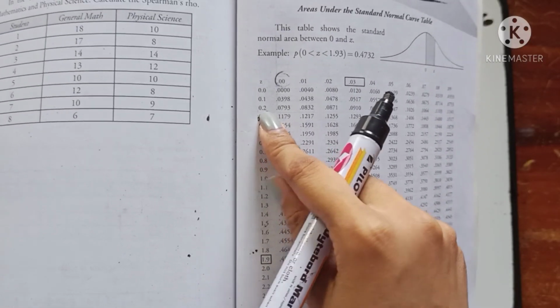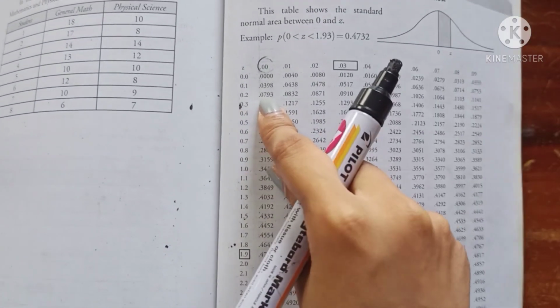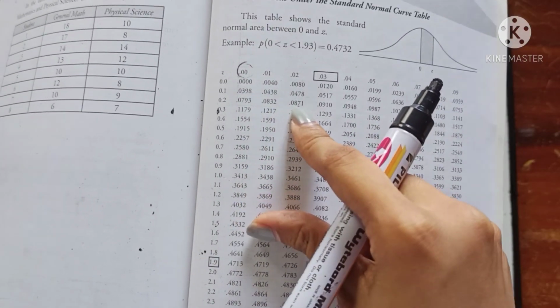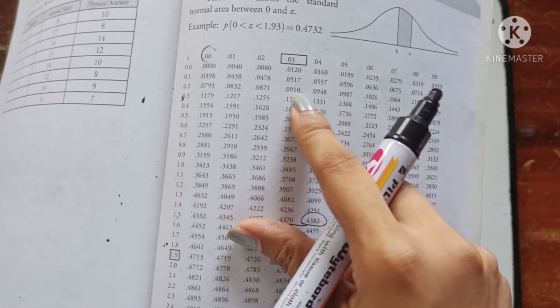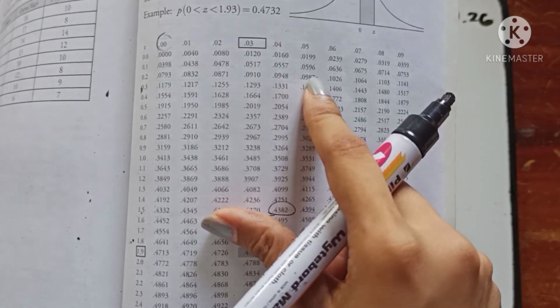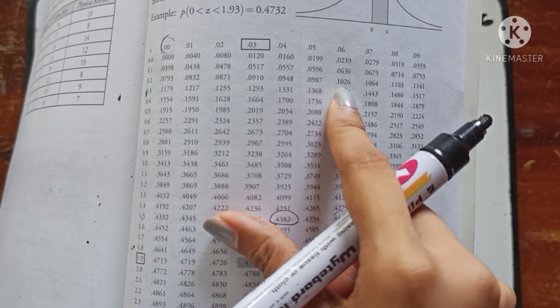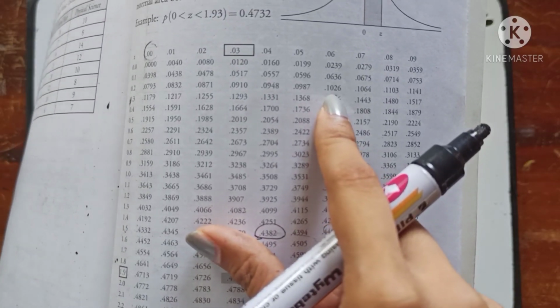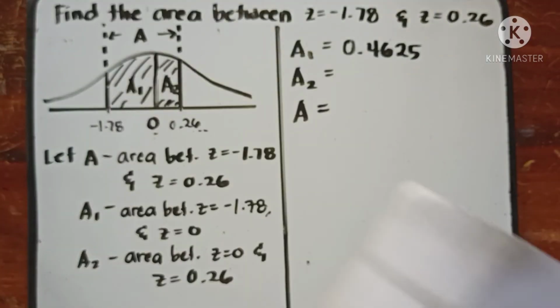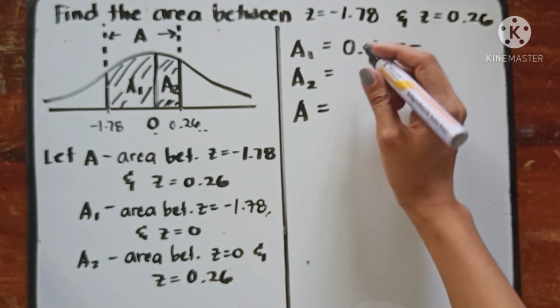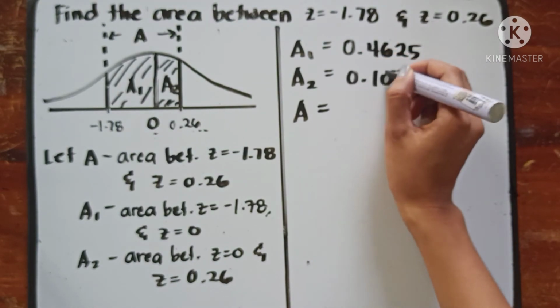Hinahanap natin, 0.26. So, 0.20, 21, 22, 23, 24, 25, 26. And the value of our 0.26 is 0.1026.